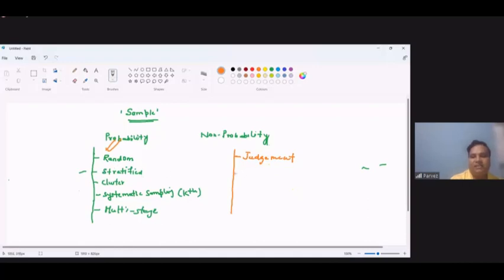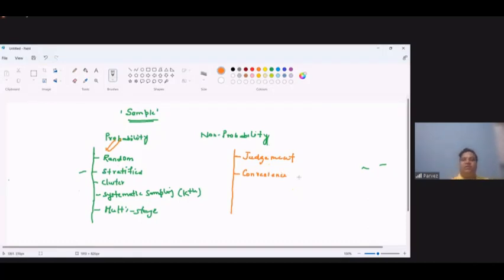Then we have convenience sampling method. Based on your convenience, based on your comfort, you are going to select the sample. Suppose your kids' school has given some assignment that you visit a doctor's clinic, or visit different kinds of teachers, and ask their opinion.